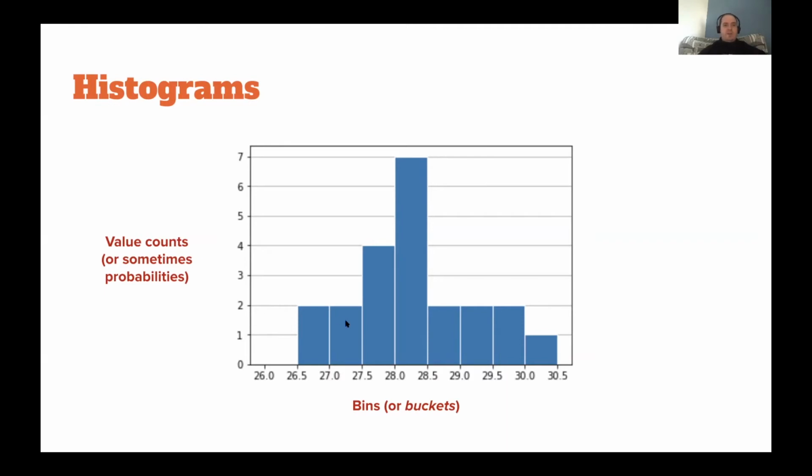In a way, you could see it as showing the density of the data, so to speak, around certain areas, right? And this will basically give you a rough overview of how your data is distributed.